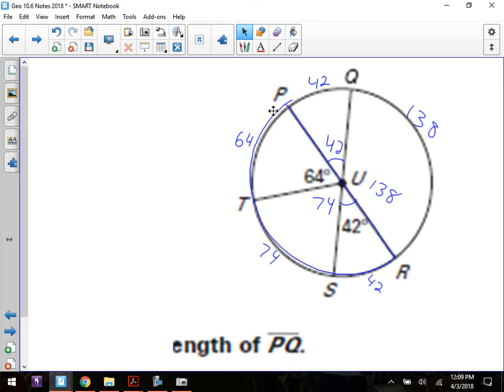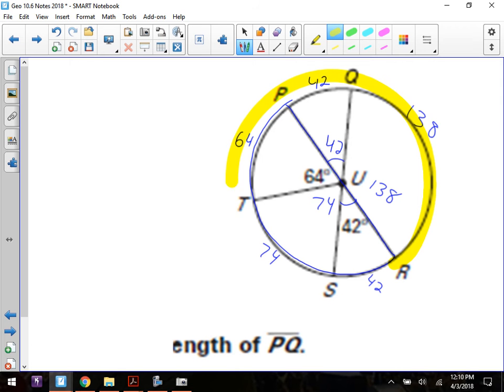Okay. RQS. Easiest way to do that would be to take the 360 and back out what you don't use. Remember, this isn't going to be really crazy. You just have to follow the directions of the letters. Okay?